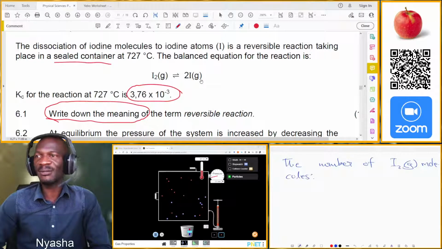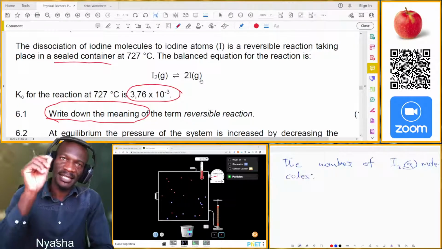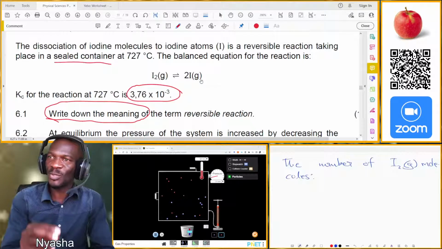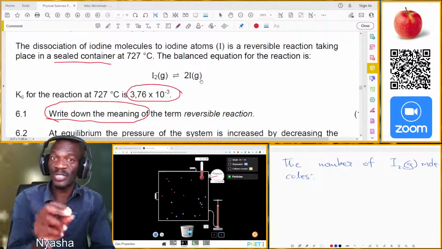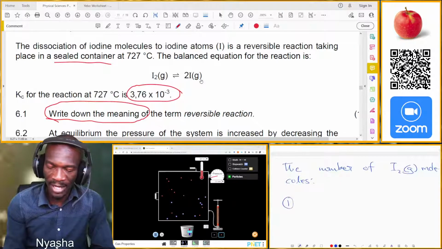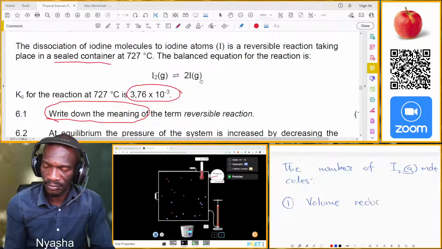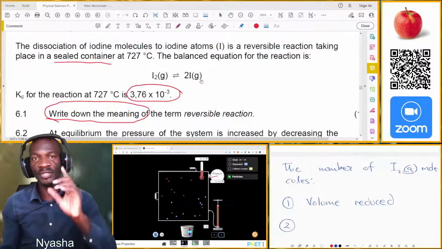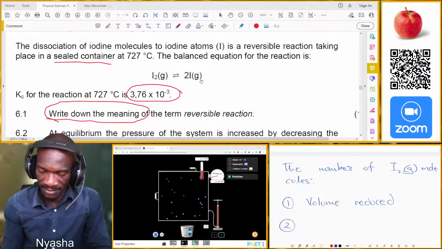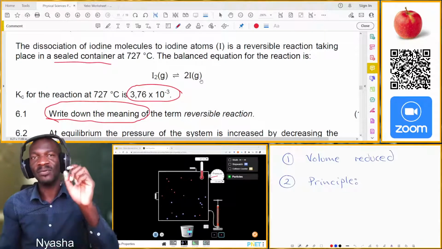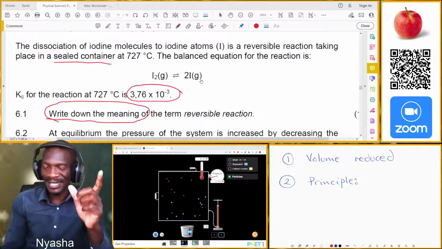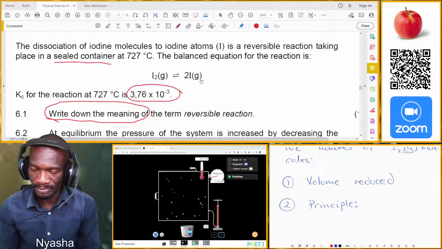So the first thing is that volume was reduced. When volume is reduced, according to Le Chatelier's principle, the process that counteracts a reduction in volume is promoted.